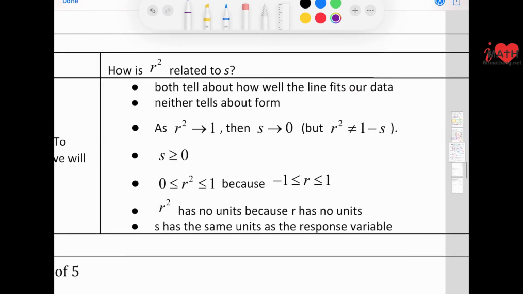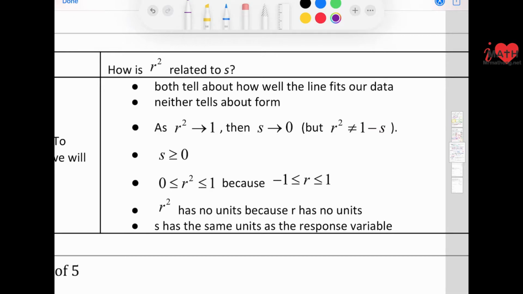And here are some quick facts. Both tell you about how well the line fits our data, right? R is the strength, and r squared tells you how well it fits on the line. But neither of these tell us about form. Remember, form, we had that abbreviation called SUDS, strength, unusual features, direction, and shape. As r squared is going closer to 1, then your standard deviation is going closer to 0.